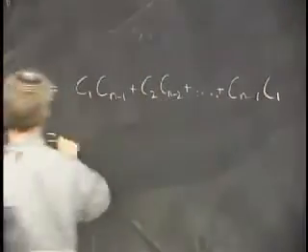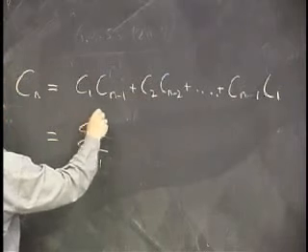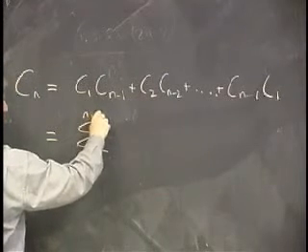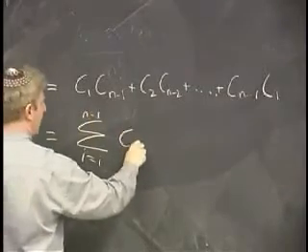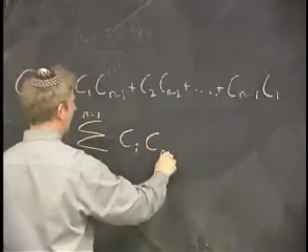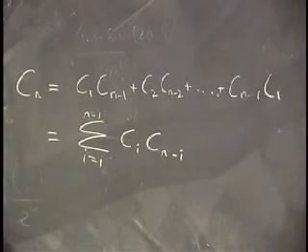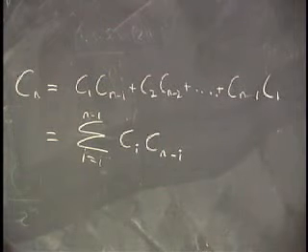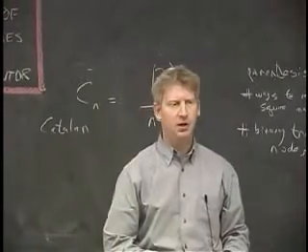And that's the same as what I think Michael was calling out: the sum from i equals 1 to n minus 1 of Ci times Cn minus i. I think that's right. Let me double check it. C1 Cn minus 1, C2 Cn minus 2, Cn minus 1 C1. Yeah, that looks right. Remember that recurrence equation?